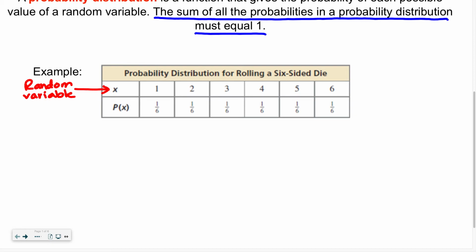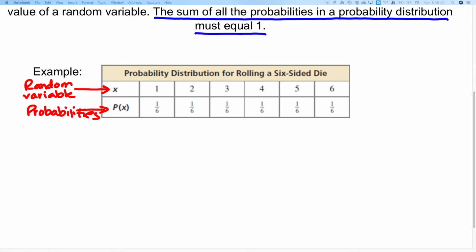Okay. And then the second line of your probability distribution, you've got your random variable, is where you assign your probabilities. So it looks like P of X. And we already know from our work, we've done a few different experiments with rolling dice, that it should come out to be 1/6 for each of them theoretically.